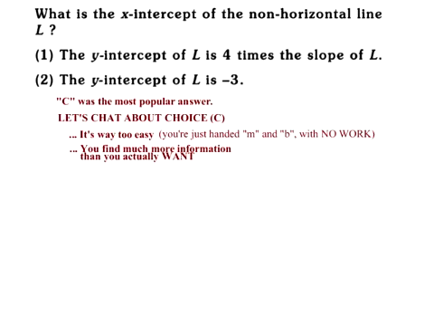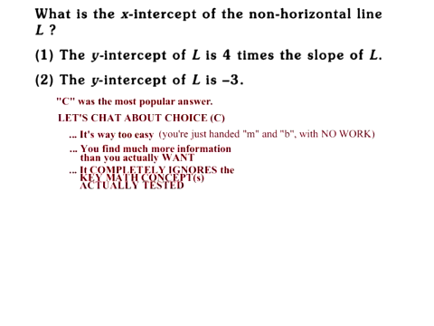Because again, the only thing we actually want in this problem is the x-intercept. We don't care where the line is, and we certainly don't need m and b. And then most importantly, this solution completely ignores the key math concepts actually tested in the problem.